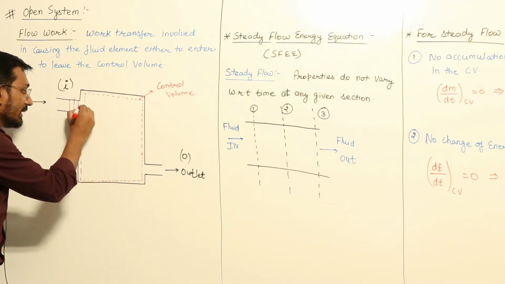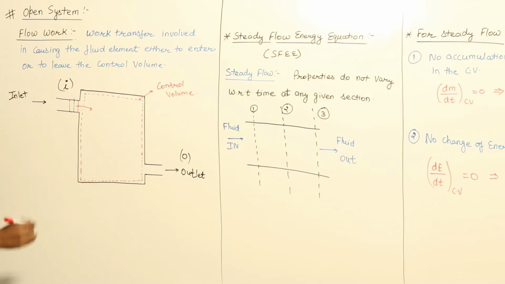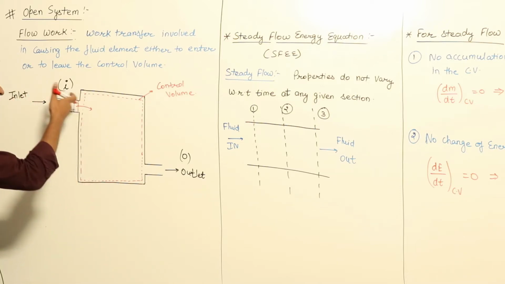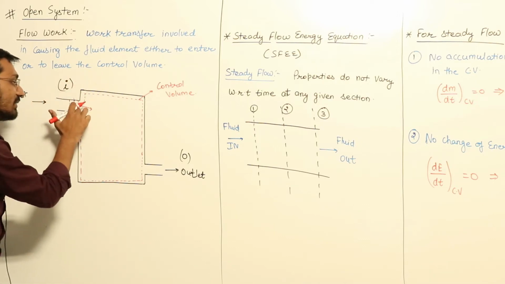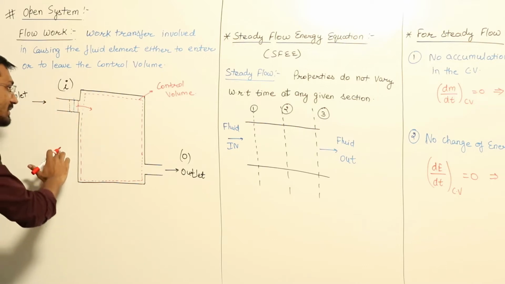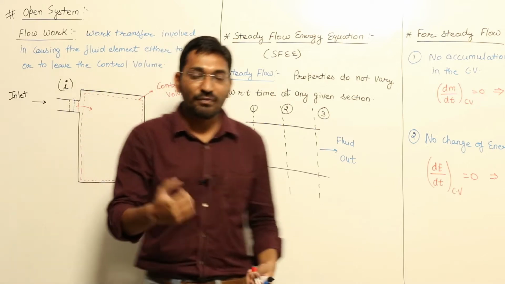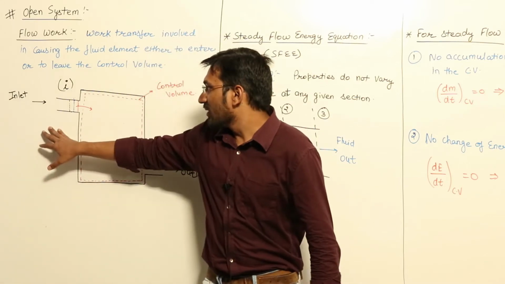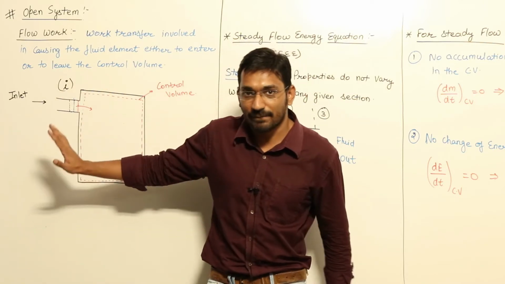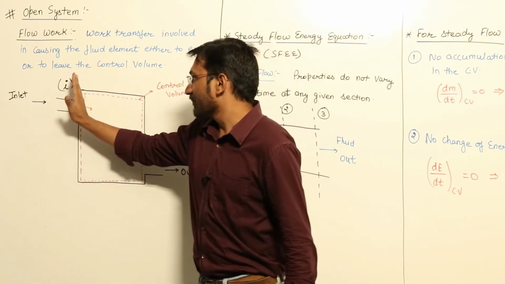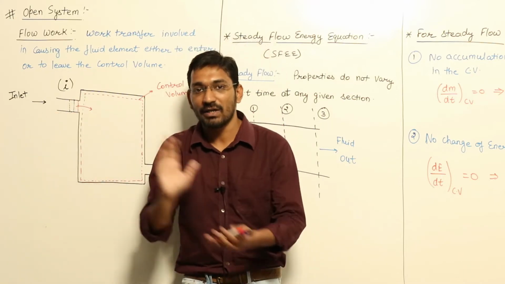The work required for this layer to enter the system is given by the layer which is adjacent to it. So this blue layer will push this red layer, giving some of its internal work. There is nothing happening from the outside; we are not giving any work here, right? Suppose this blue layer has some energy, say 100 units.